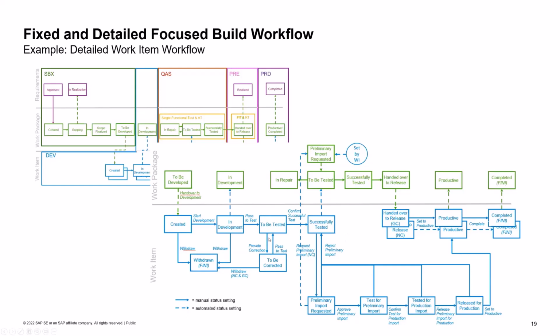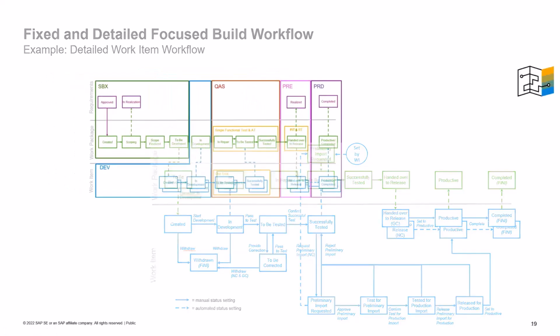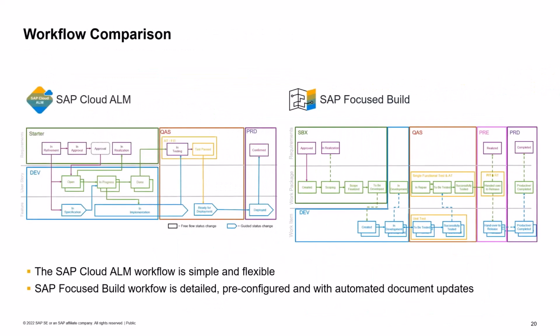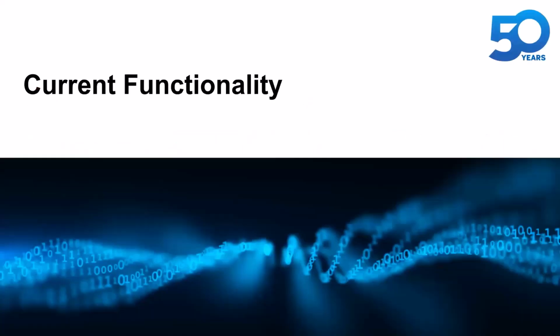So it's a very detailed, predefined workflow. So this is the difference. The SAP Cloud ALM workflow is simple and flexible, and the Focus Build workflow is very detailed, pre-configured, and with automated document updates. Okay, so that's about the workflow comparison.